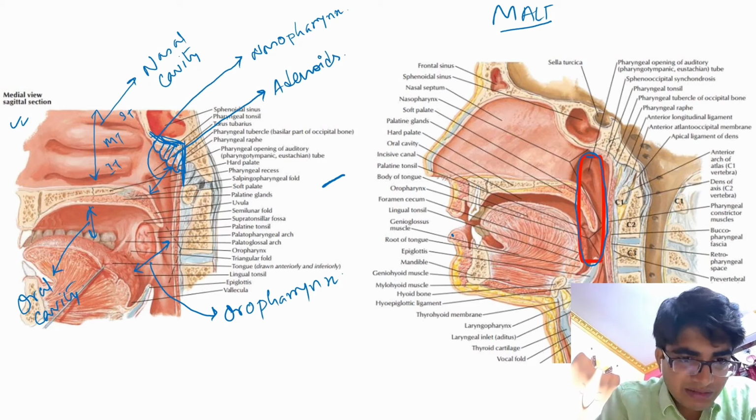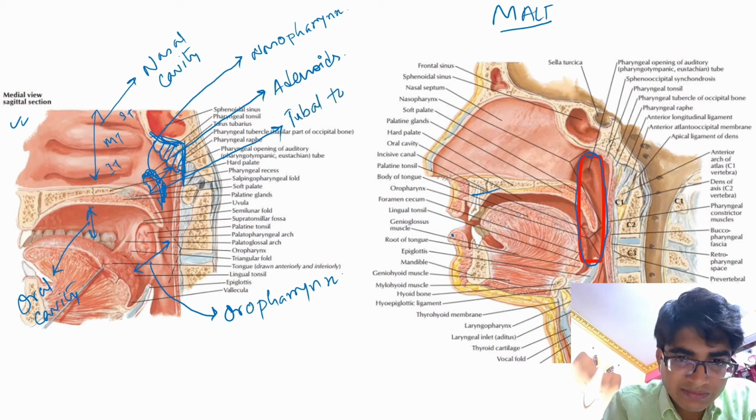There is also the eustachian tube opening, and surrounding it in the region of the torus tubarius you can find tonsil tissue again, known as the tubal tonsils or Gerlach tonsils.